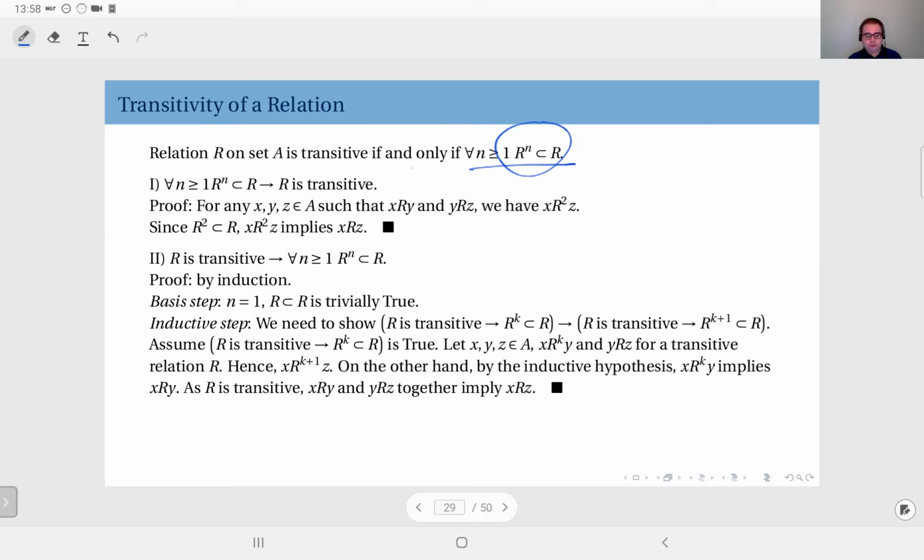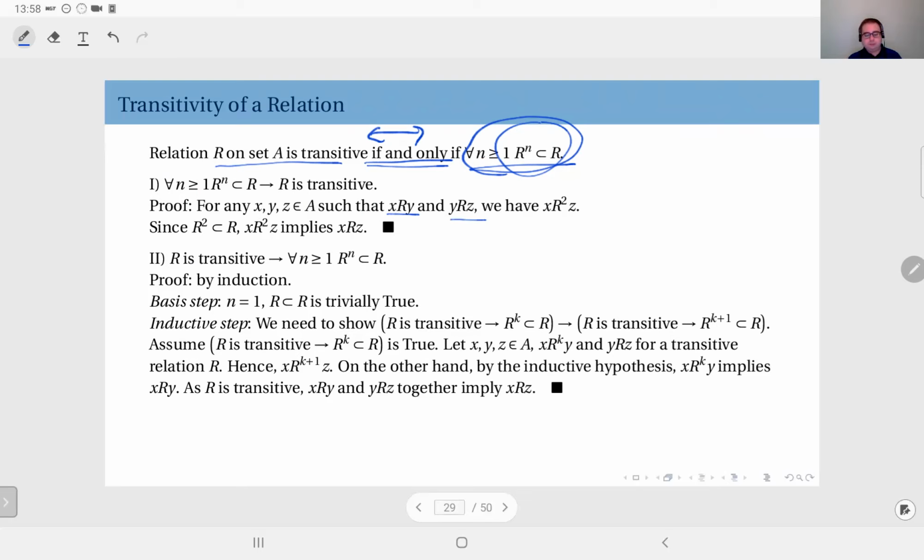well, since we have the expression if and only if, this is a biconditional. Therefore, I have to prove this both ways. So the first part is if you have this, then this implies R is transitive. Let's prove this. For x, y, z in A, let's assume x is related to y and y is related to z.